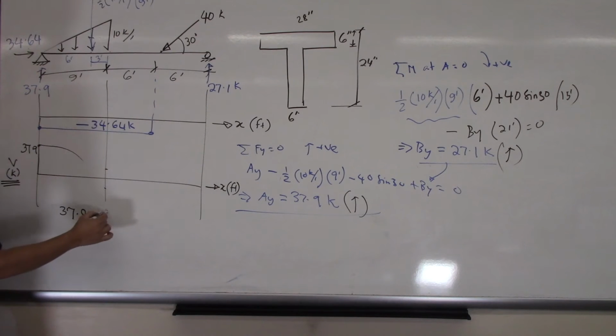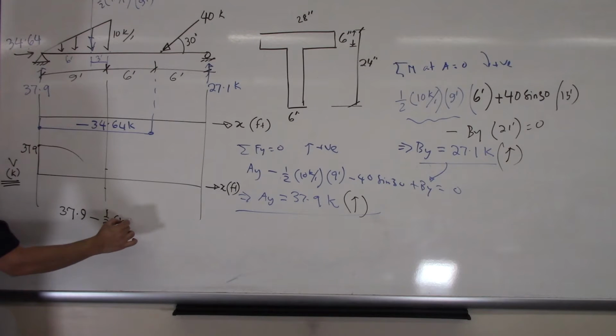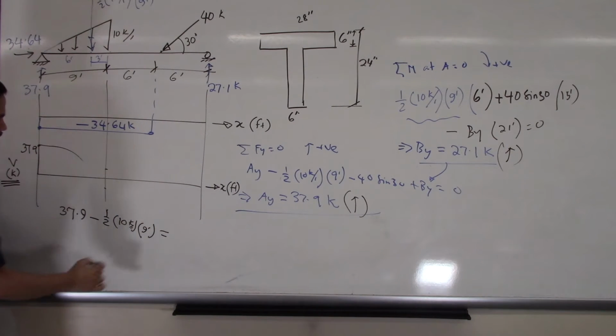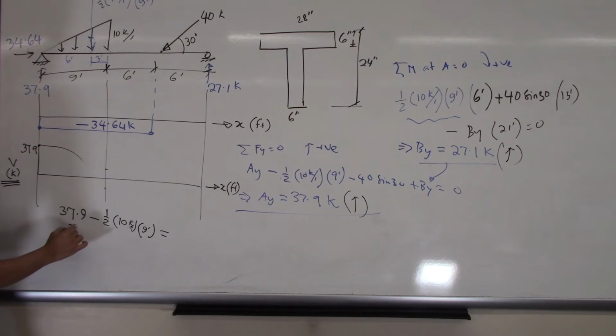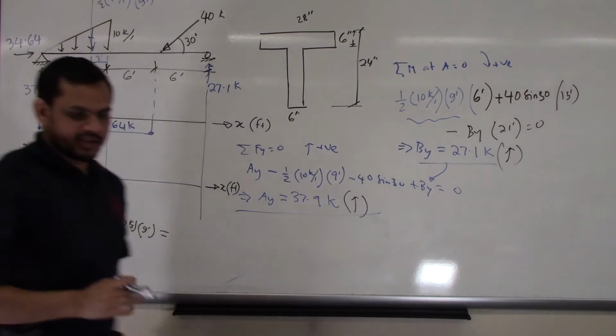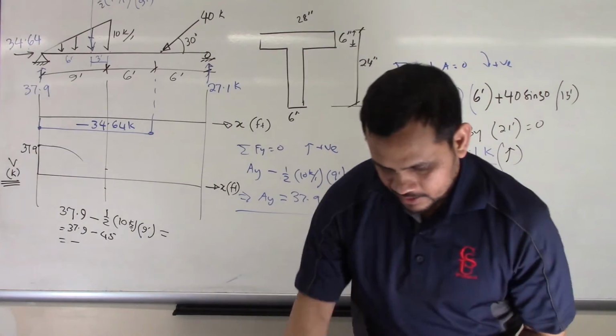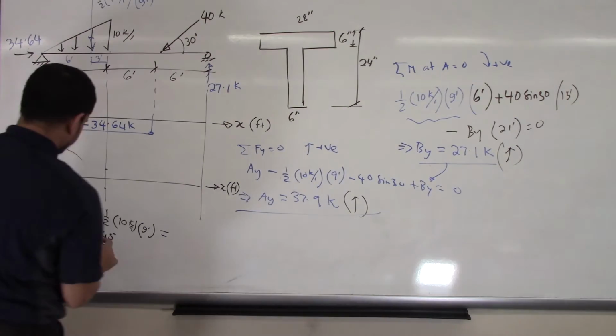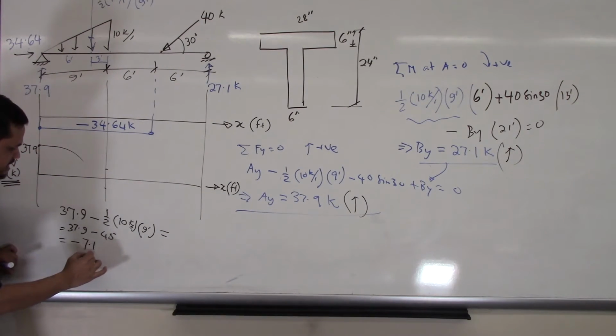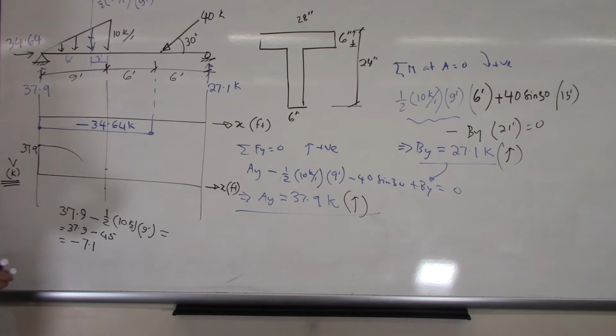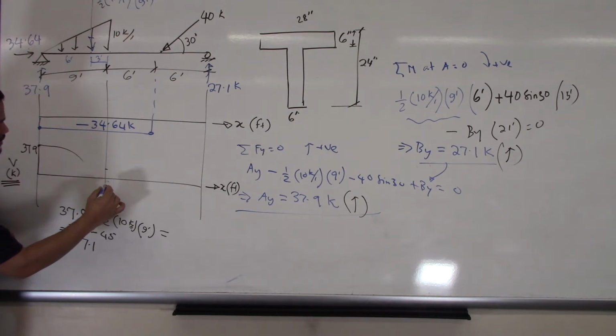Whole load, half times 10 feet times 9 feet. How much? 37.9 minus 45. That means how much? I already calculated to save some time. It is minus 7.1. So I am doing minus 7.1. That means after coming here, I will do minus 7.1, which is here.